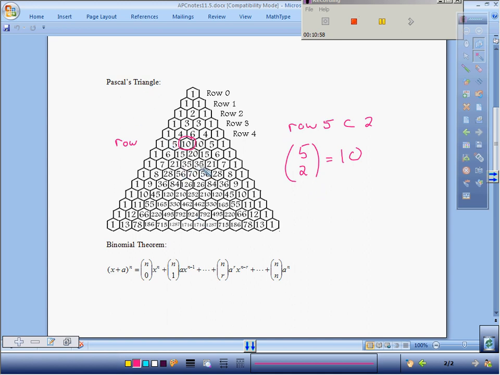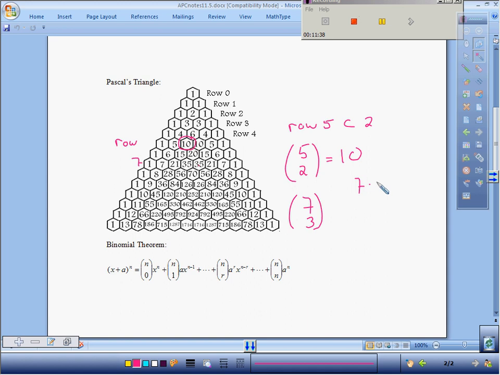So this one, like 35, that would be 7 combination 3, counting column 0, 1, 2, 3. This would be row 7, column 3. So if you did 7 combination 3, you should get 35. Or 7 combination 4 for that matter. They'll be the same.